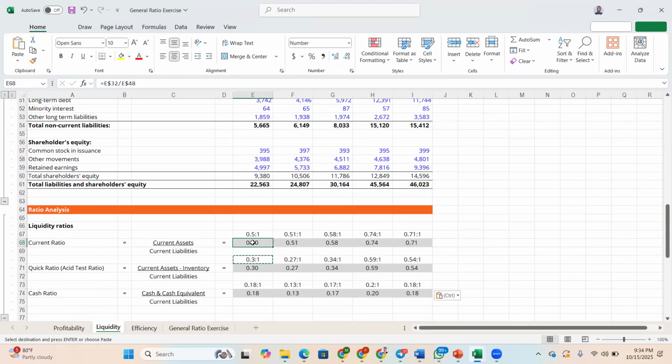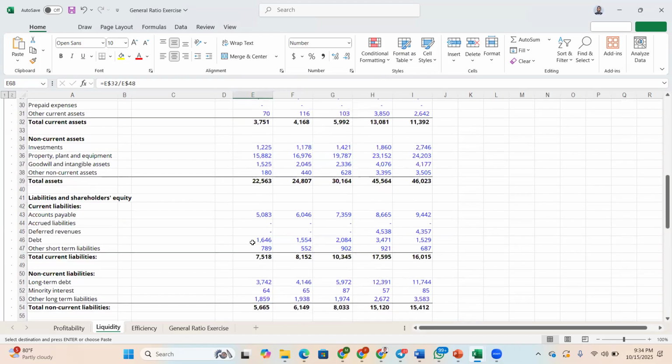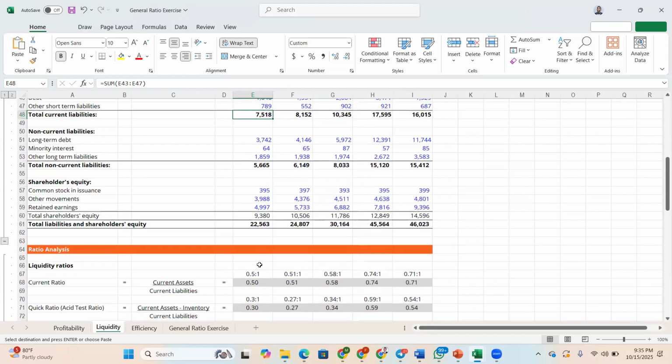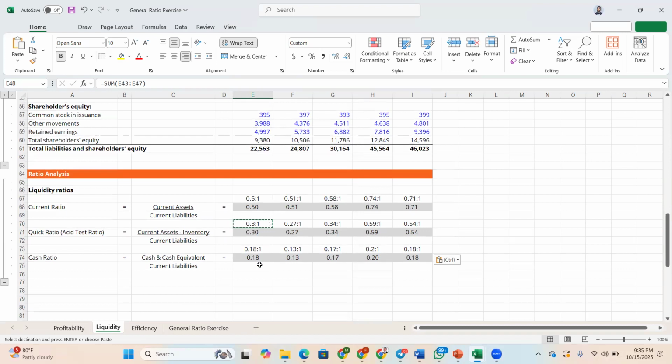Current asset divided by current liabilities: our current asset is 3751, current liability is 7518. So current asset is less than the current liability. So this company, the liquidity is a mess. The liquidity is poor. In short, the moment I'm seeing 0 point something for liquidity is a no-go area. The liquidity of this company is very poor.